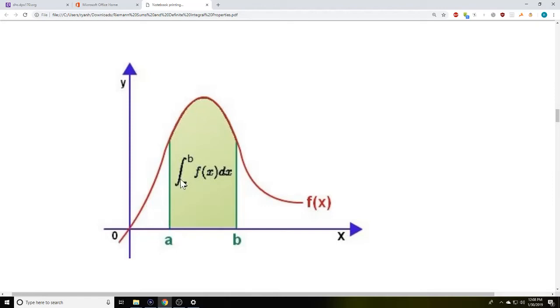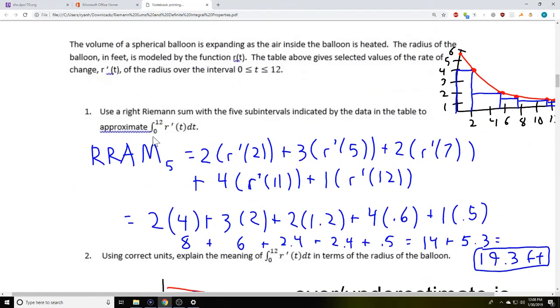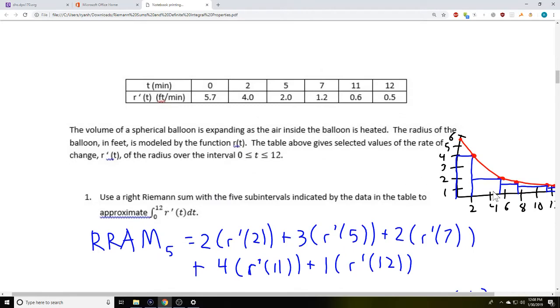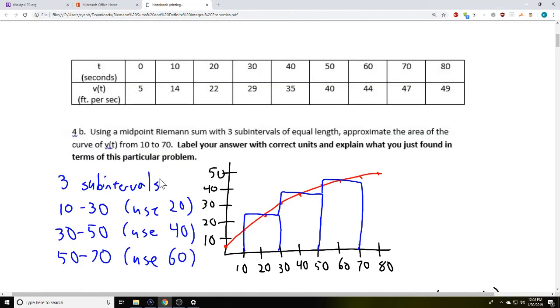All right, so this is our integration symbol. And then this a and b are called our bounds of integration. Right, so this is saying we start at a, and then we measure up to b, and we're finding the area between the curve and the x-axis. Right, so this is an integral from 0 to 12 because we're starting at 0 and we're going up to 12. If we wrote out this integral, it would go from 10 to 70.